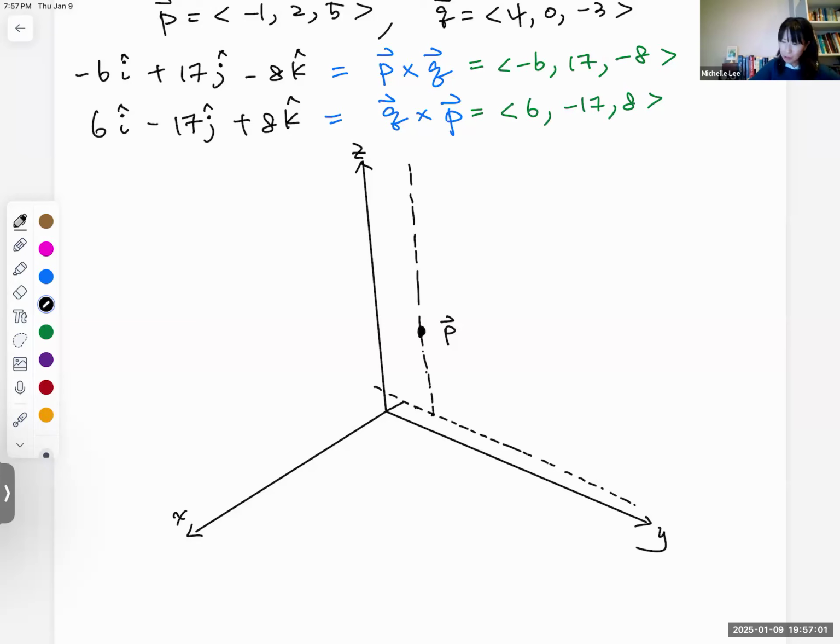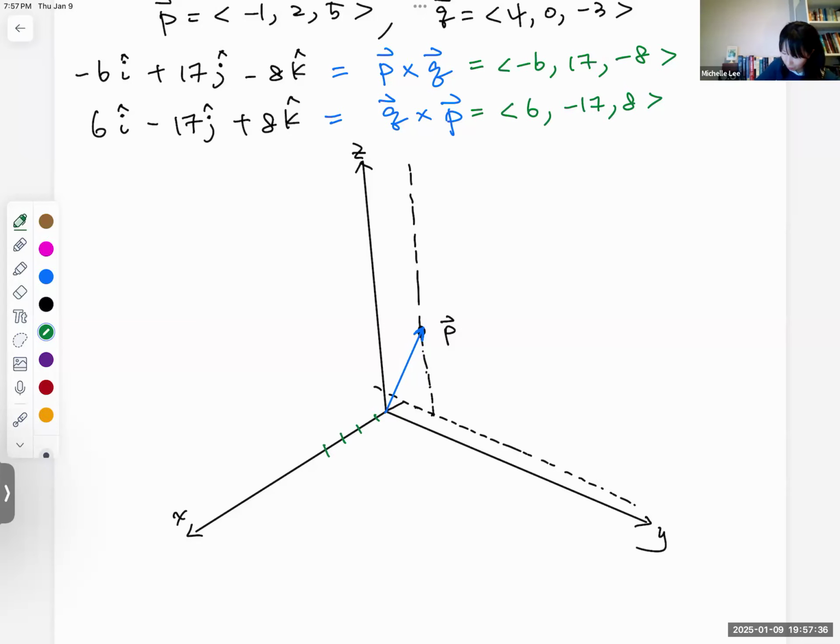Q. 4, 0, negative 3, right? So let's see. 1, 2, 3, 4, and 0, and negative 3.